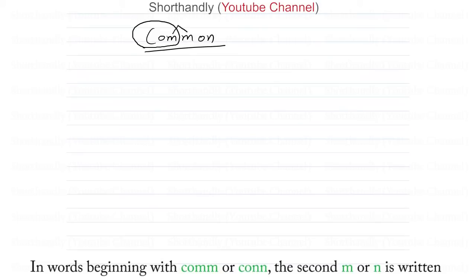The statement says, in words beginning with com or con, the second M or N is written. So this word is beginning with com, of course. So it's simply saying that the second M, which means this M, is written. So we have to write this M also. So this common word will be made like this.